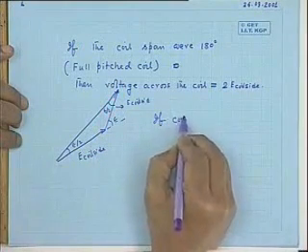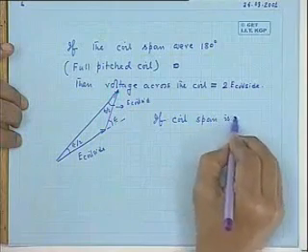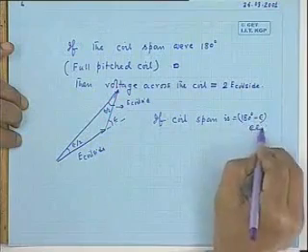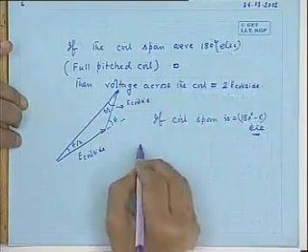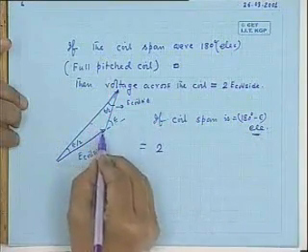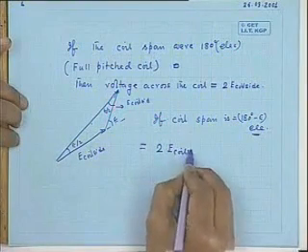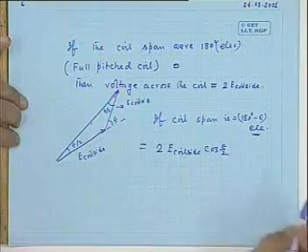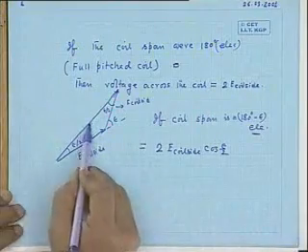If the coil span is equal to 180 degree minus epsilon, all electrical, then the induced voltage would be twice this projection, E coil side cosine epsilon by 2.